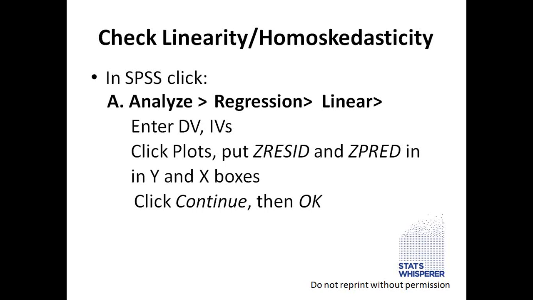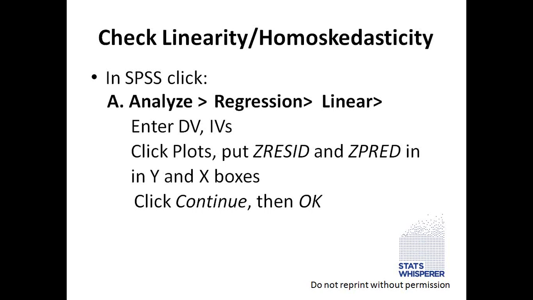Now, although linearity and homoscedasticity are interesting to look at, testing for them can actually be quite straightforward. When we go into SPSS, we'll go to Analyze, Regression, Linear. We'll put in our models, the dependent variable and independent variable.